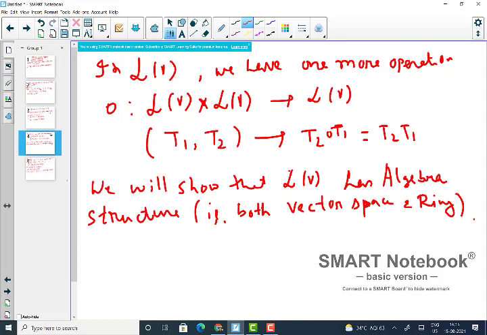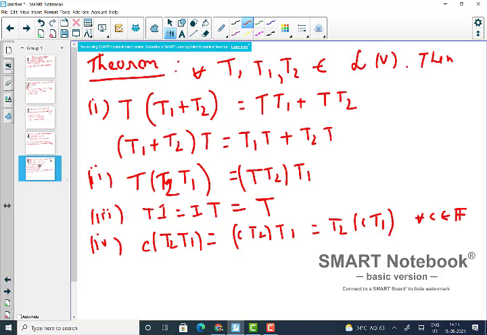So the natural question one can ask: we already learned about the matrix representation, right? When you add two linear transformations, the matrix representation with any basis will be the addition of the individual matrix representations with respect to the same basis. Now what happens when you take the composition? It's a natural question, right?